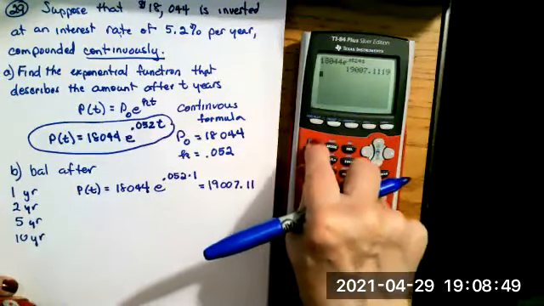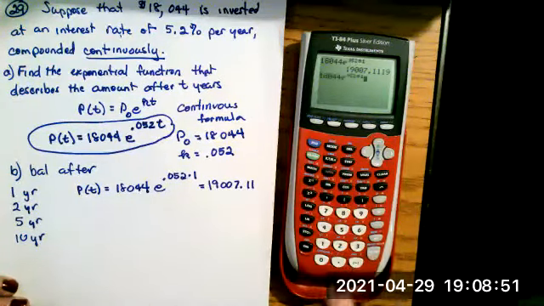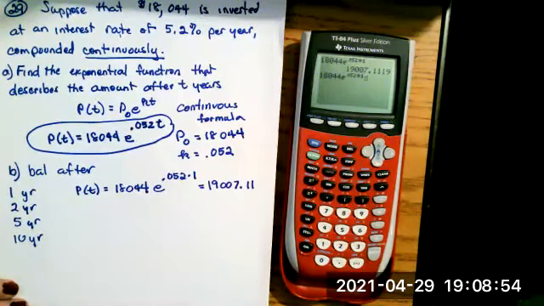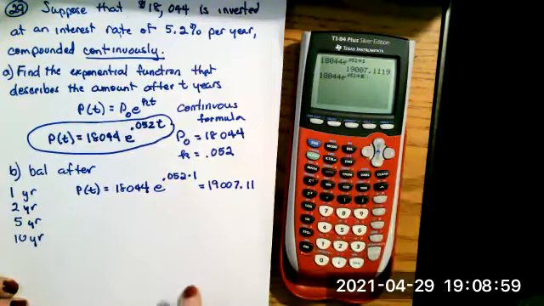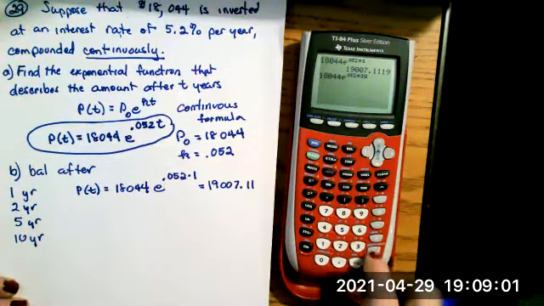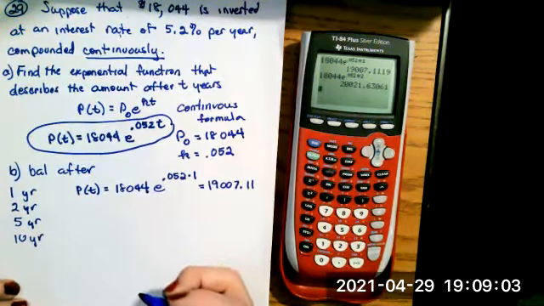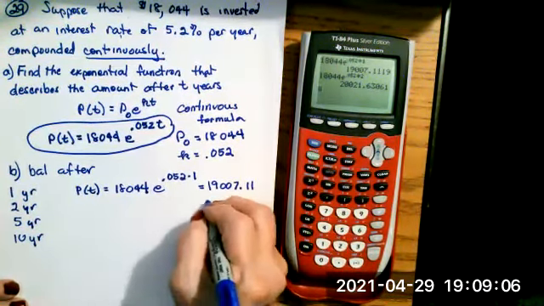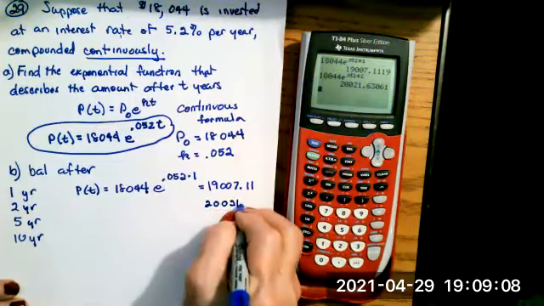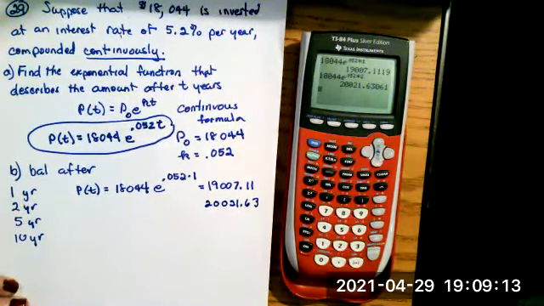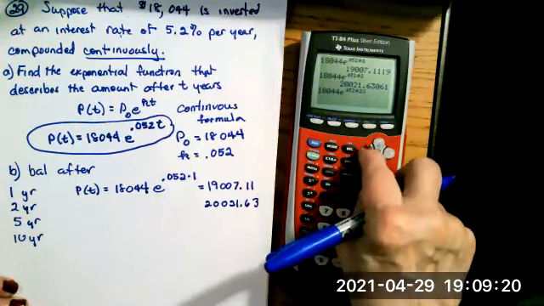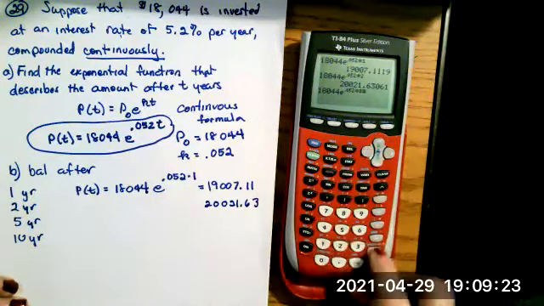All right, now second and entry would give you that same problem, and you can go backwards and change that 1 to 2 and hit enter, and it will give you your second answer, which is 20021.63. Then you can do second and entry and go backwards and change your 2 to a 5.